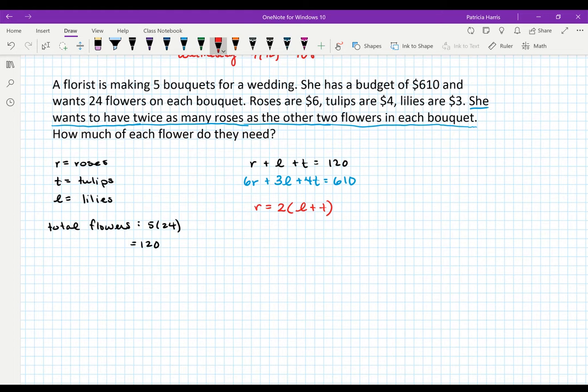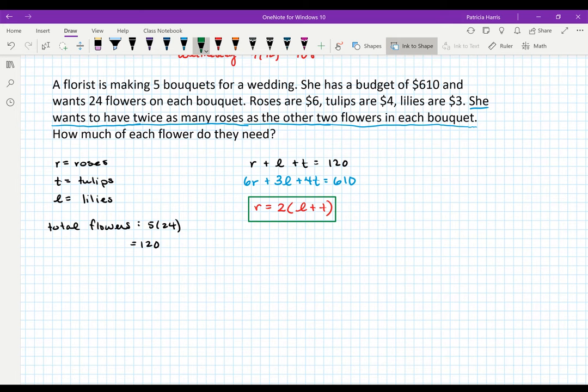Now, you have a couple options on what you can do here. We want to solve the system. We can use a matrix, we can use the matrix calculator, but if you look at this, I kind of want to use substitution because we already have this lovely equation here that's solved for the roses.